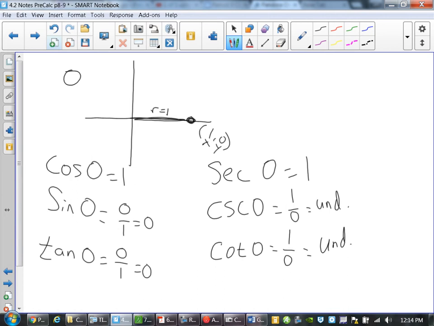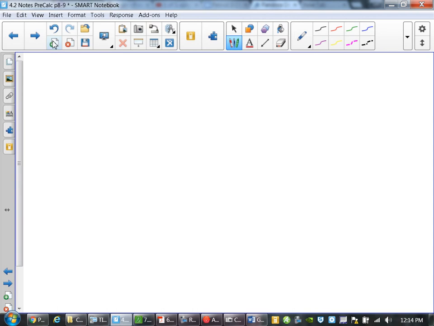All right, and then we do the same thing going to pi over 2. When I go to pi over 2, my x value is 0, my y value is 1. So what's the cosine? Cosine is 0.